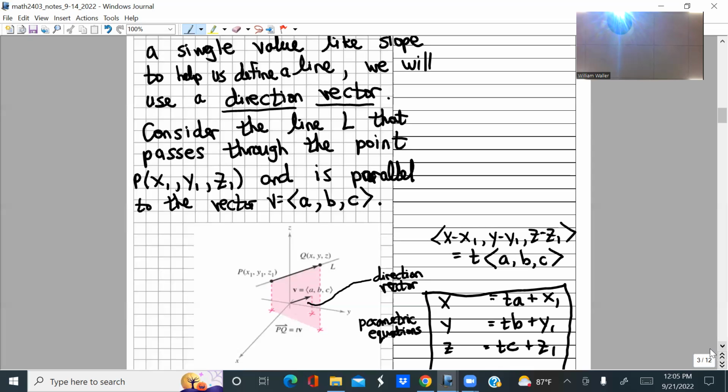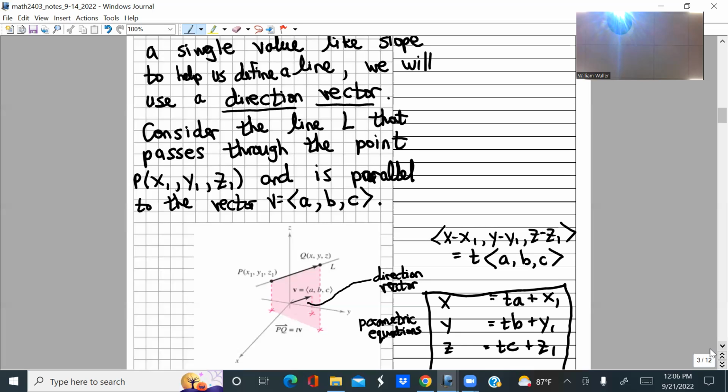But let's imagine we have any other point on the line. Now, this other point on the line, its components are unknown, all right? Because I'm saying this is any other point. So this point could be way up here, or this point could be way down here. It's just some other variable point on the line, okay?